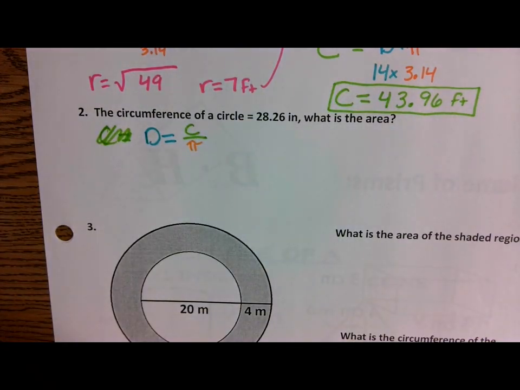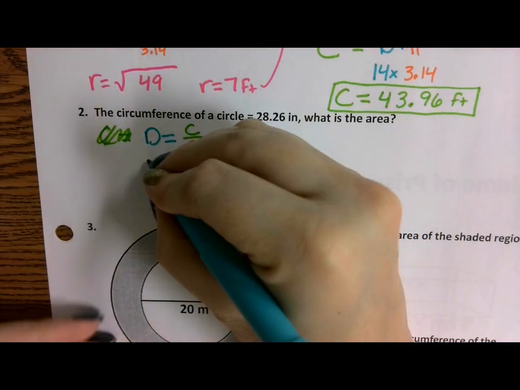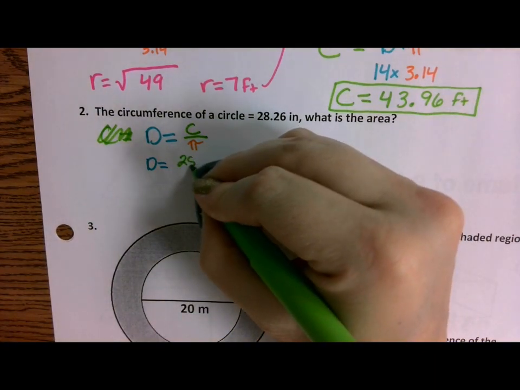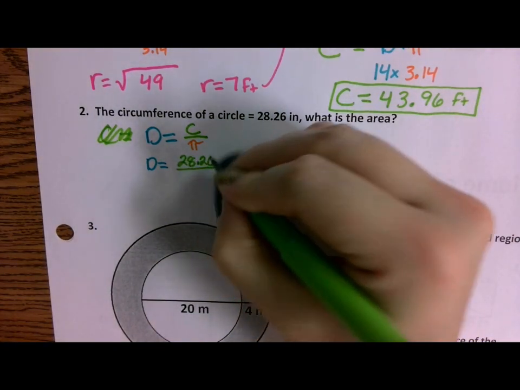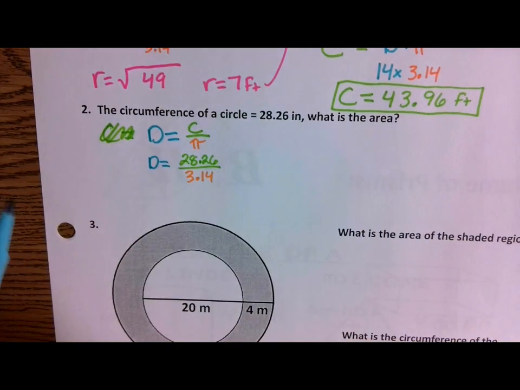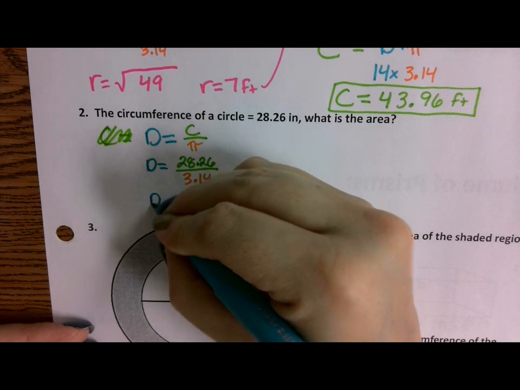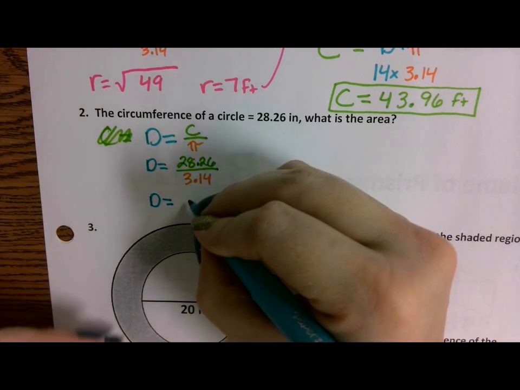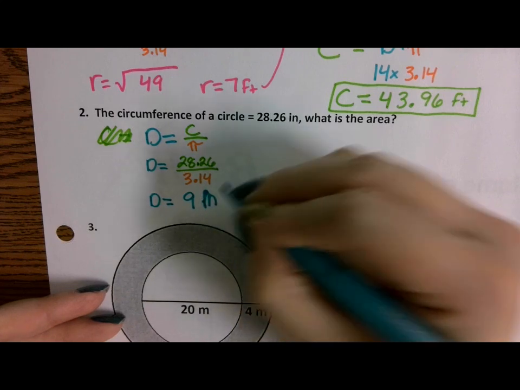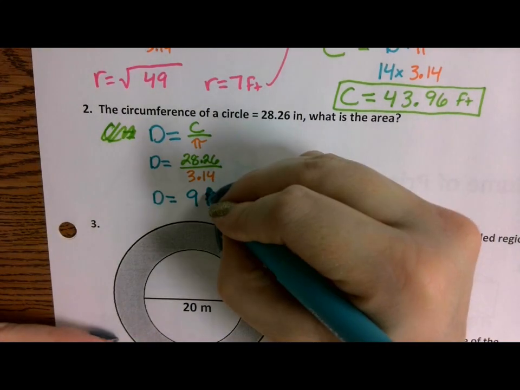So diameter is equal to 28.26 divided by 3.14. When we do that, we get 9. So the diameter is 9 inches.